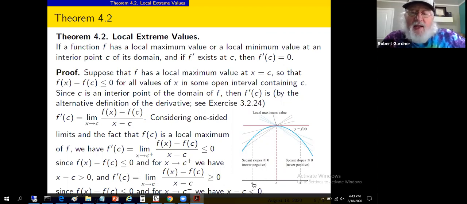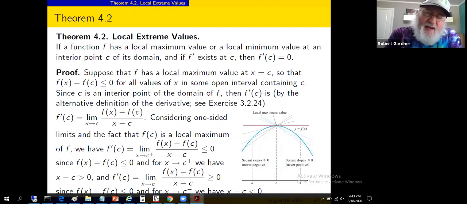So when we take x minus c, c is to the right of x, so x minus c will be negative. We've got a non-positive divided by a negative yields a non-positive. So from one-sided limit, we get less than or equal to 0. From the other one-sided limit, we get a limit which we know exists by hypothesis to be greater than or equal to 0. All right.